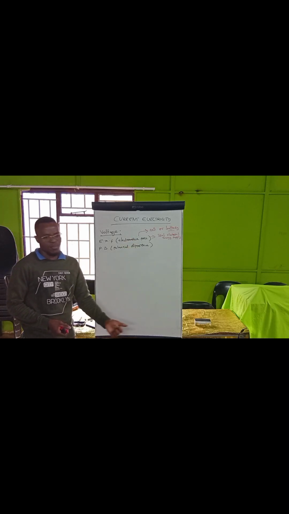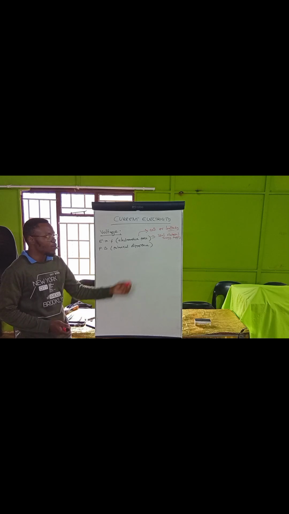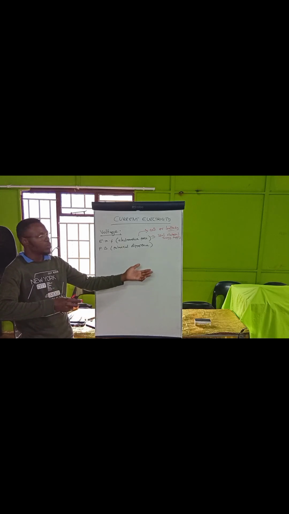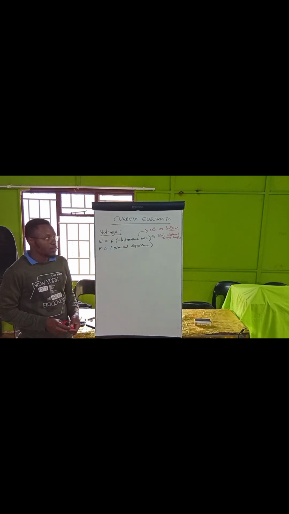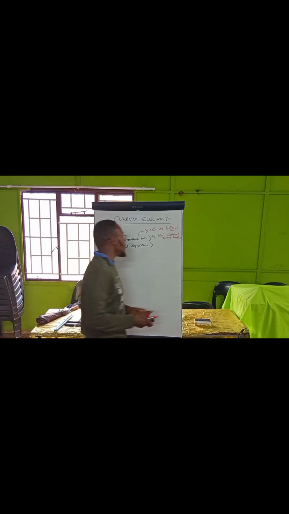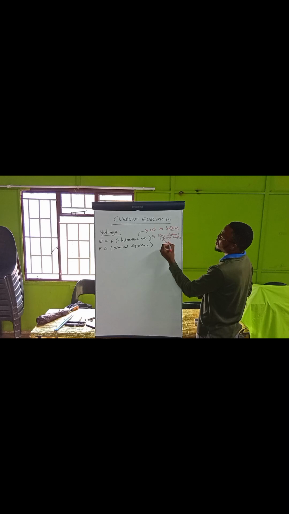A battery is an example of a source of voltage. And also there is a topic on magnetic induction where we have generators. A generator is also an example of a source. So basically in this state, it is still in the chemical state, chemical energy.